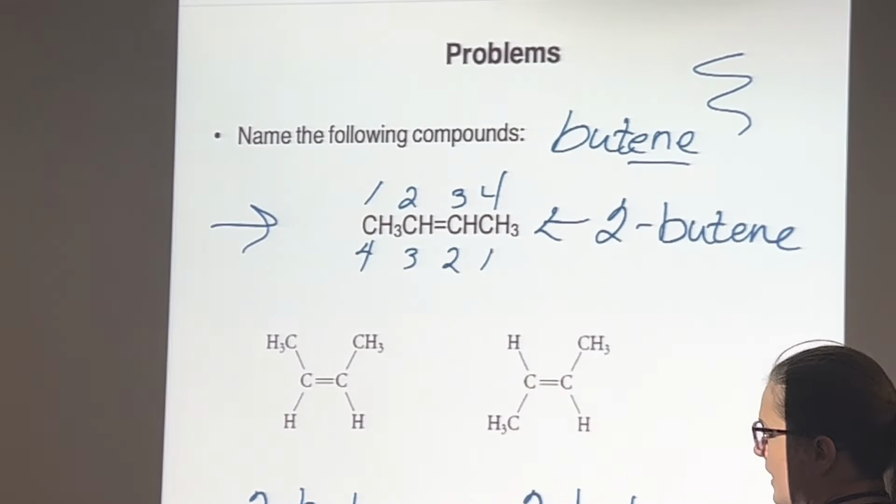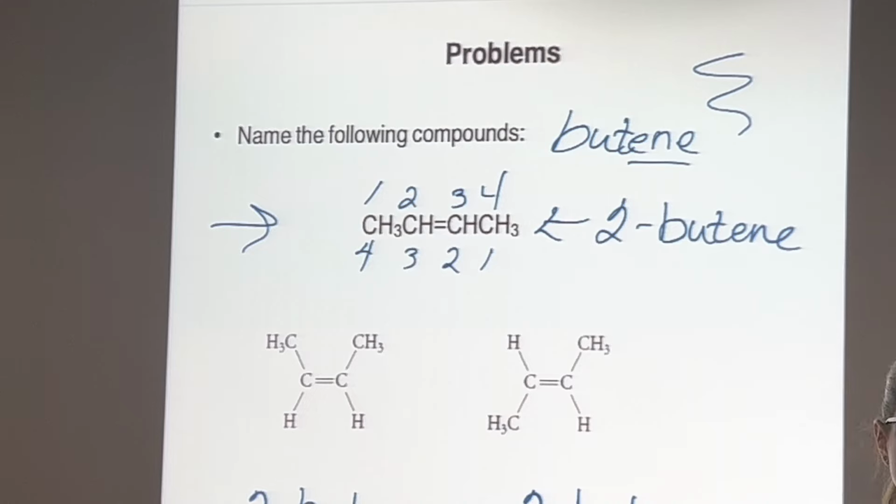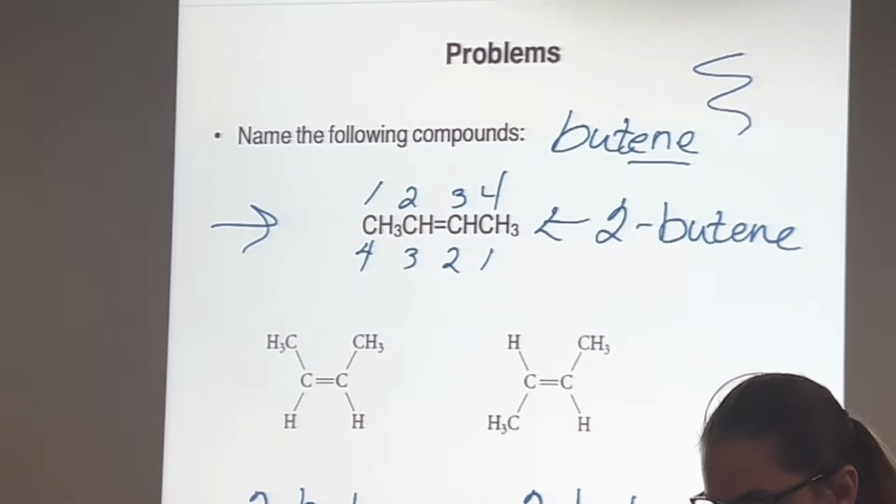But the name is the same, so the name is saying it's the same molecule, so we have to make a difference in the name somehow, and that brings us to cis and trans.